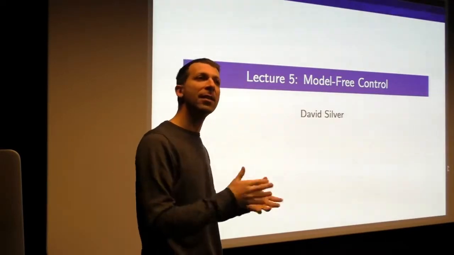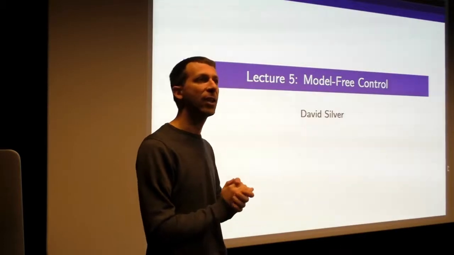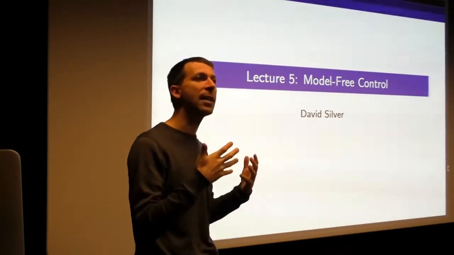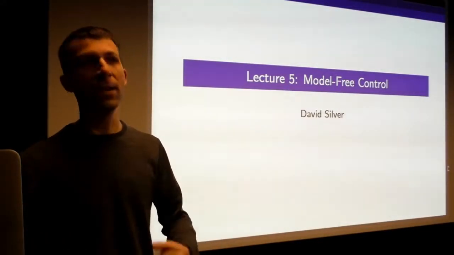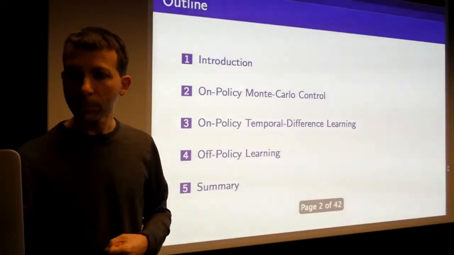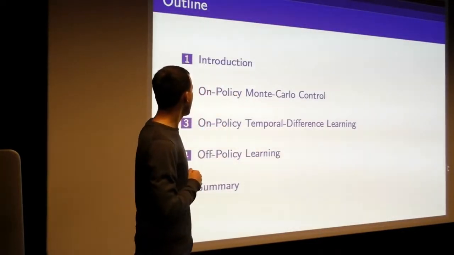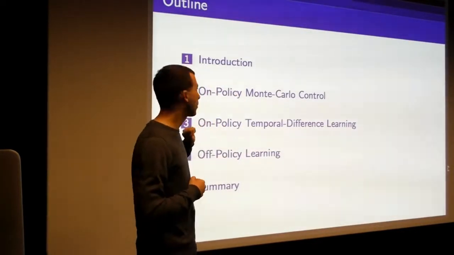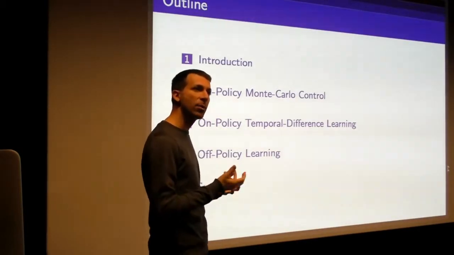After we've seen this class, in the subsequent lectures, we'll look at how to scale up, how to get to more realistic, large-scale domains. But the core techniques are essentially building on what we saw in the last lecture and bringing those into a control setting now. So roughly the proceedings for today, we'll have a brief introduction. And then we're going to look at two different paradigms for doing control, on policy and off policy, which will help us understand the distinction between those.